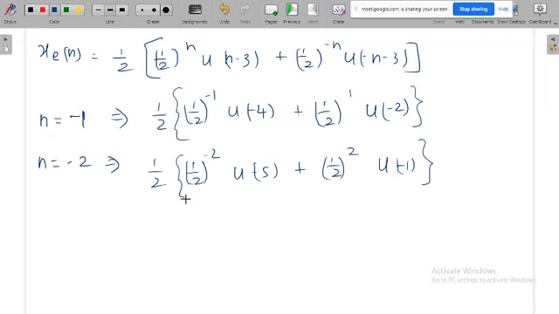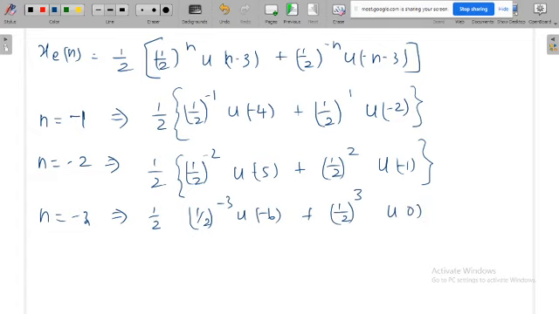Then what about n is equal to minus 3? 1 by 2 whole power minus 3 u of minus 6, then 1 by 2 whole power 3 u of 0.